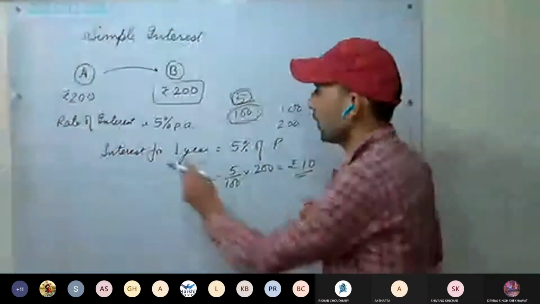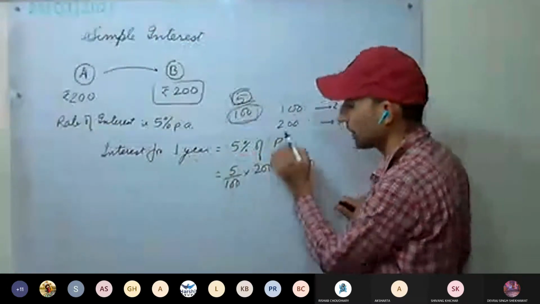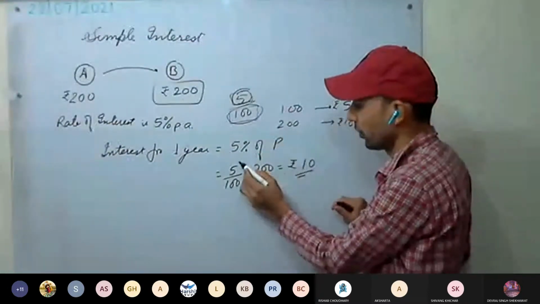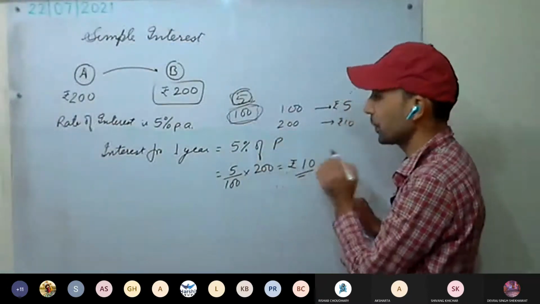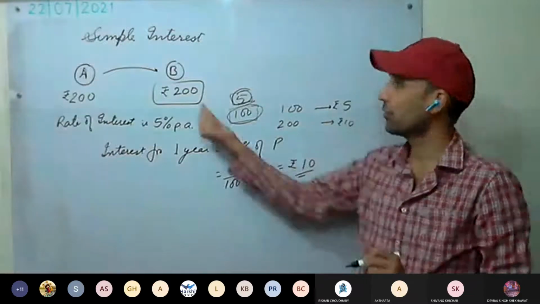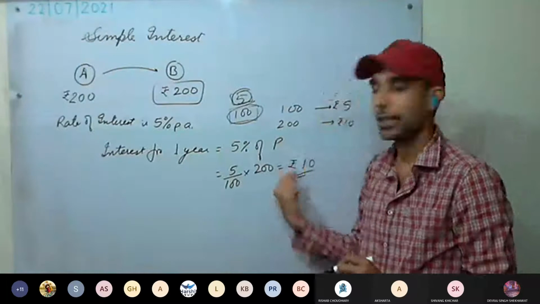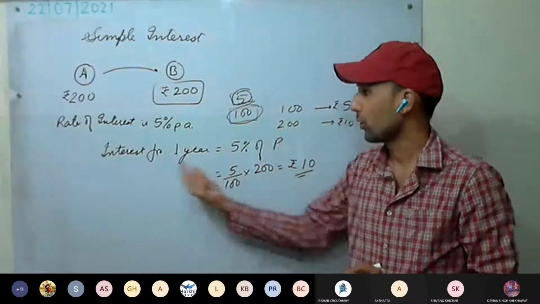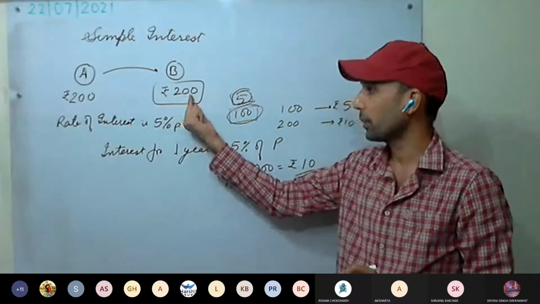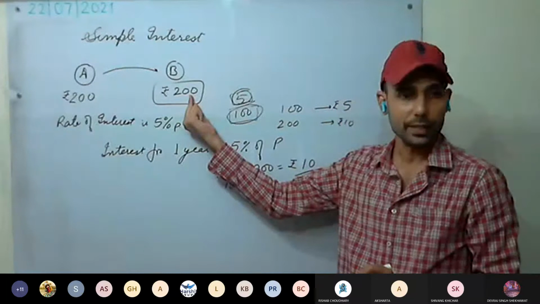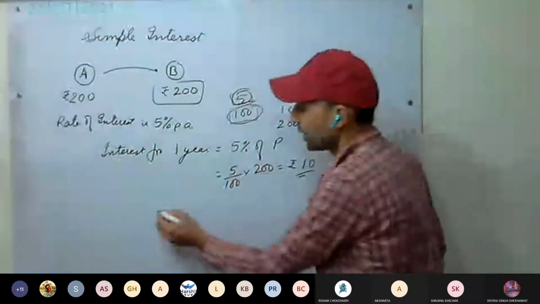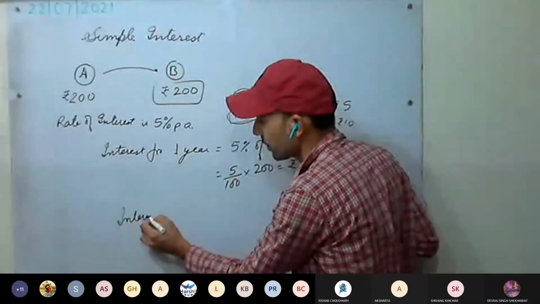So 5% of the principal, that is 5% of 200, is 10 rupees. So every year 10 rupees will be charged as interest. So for 1 year, 210 rupees is to be paid. Interest for 2 years?